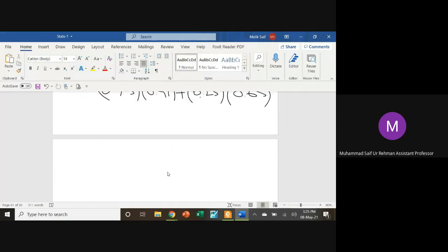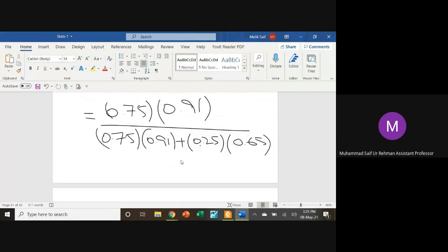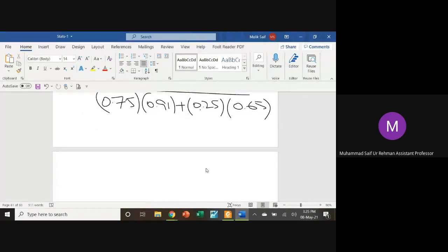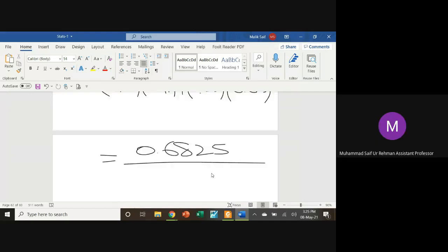So now what is the multiple of these two terms? 0.75 multiplied by 0.91. Quickly do it. 0.6825, is it? Yes, sir. And then multiply these two terms.